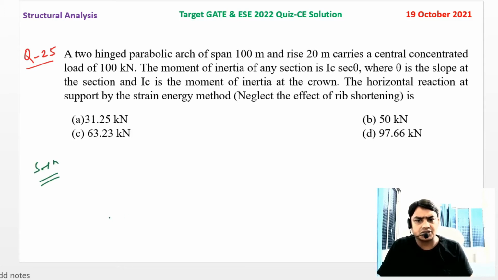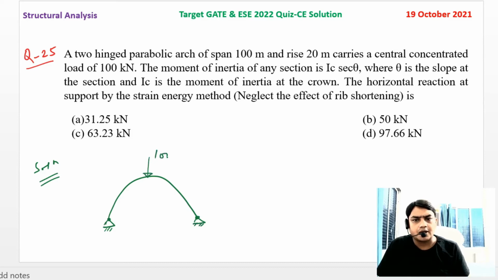let us assume this is our two-hinge parabolic arch, having a central concentrated load of 100 kilonewton.